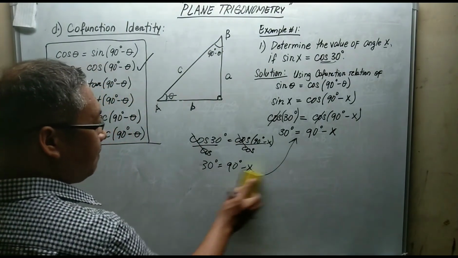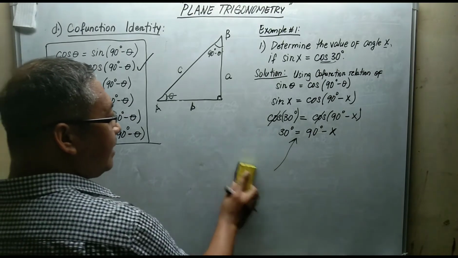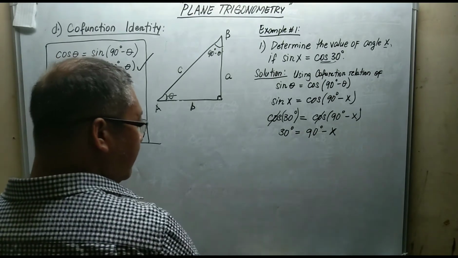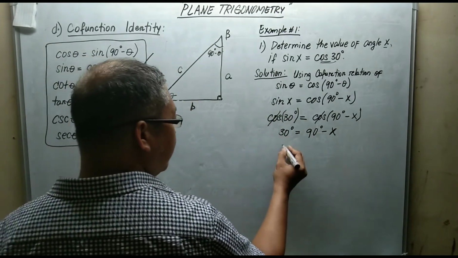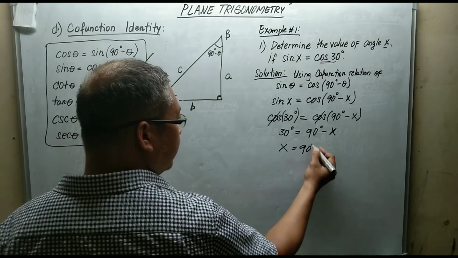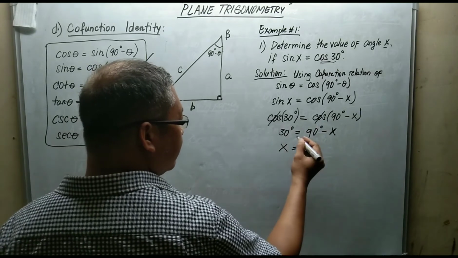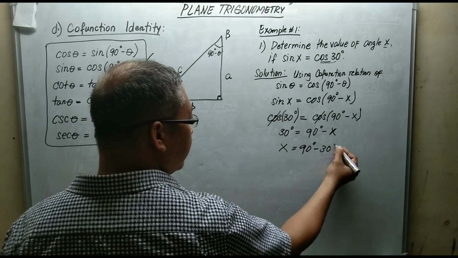Now, to simplify further, in order to find the value of angle x, transfer the negative x to the left side, x is equal to 90 degrees, transfer to the right side, minus 30.